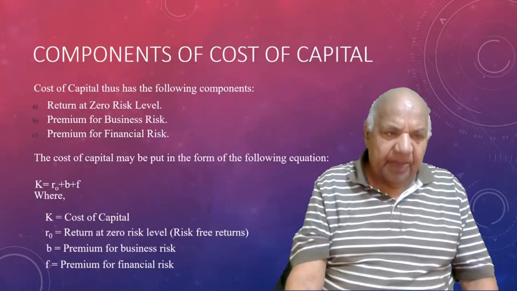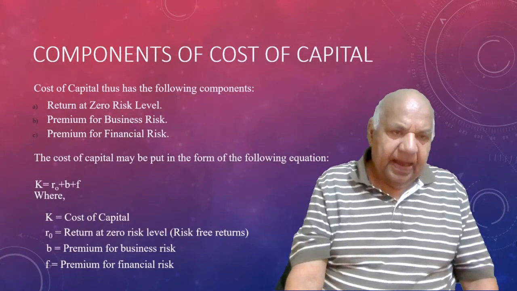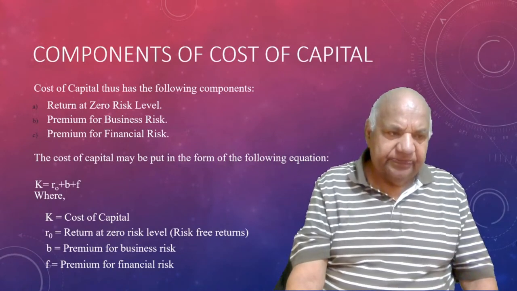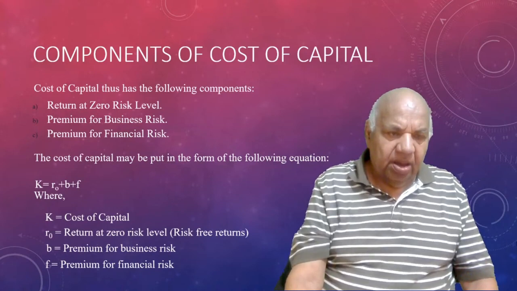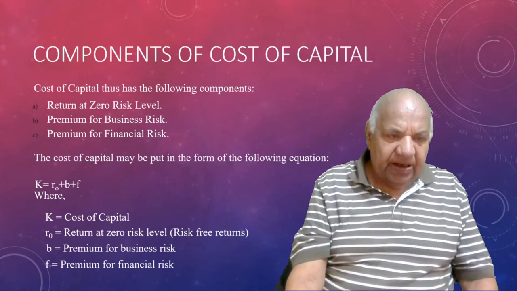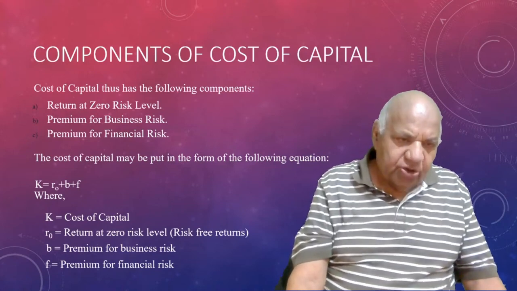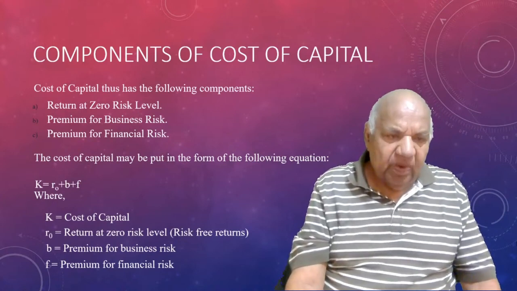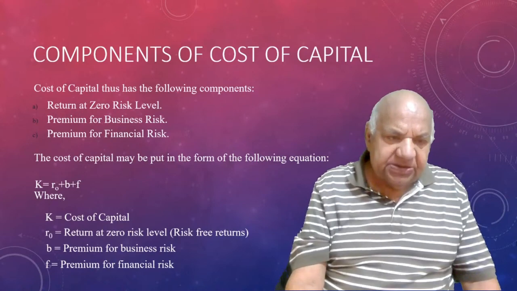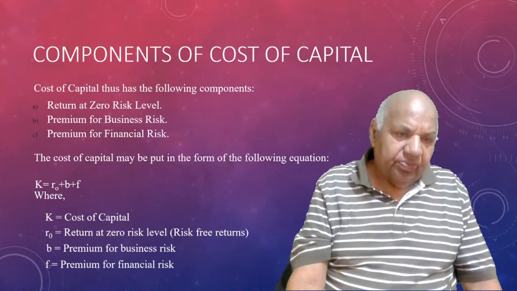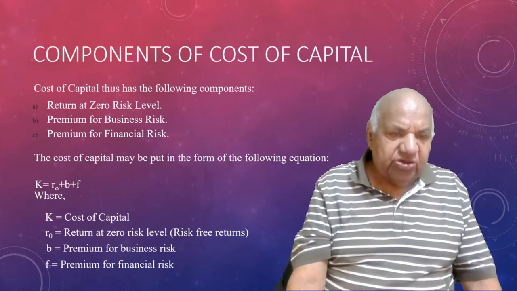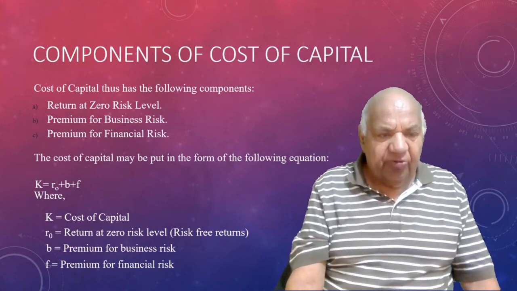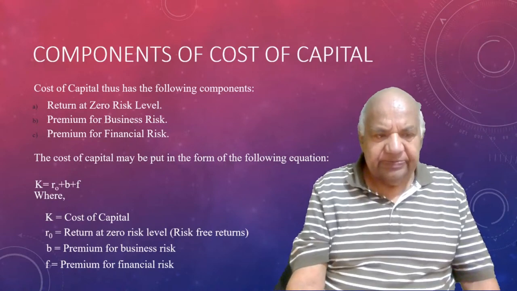Components of cost of capital. Cost of capital thus has the following components: return at zero risk capital, that you may say with the government bonds, etc., premium for business risk, the type of business in which we are obtaining the cost of capital, and premium for financial risk.